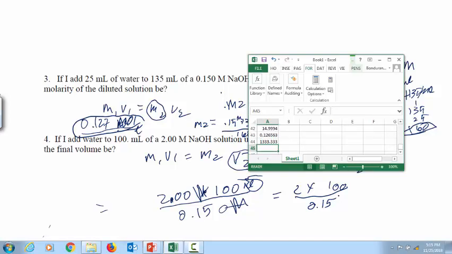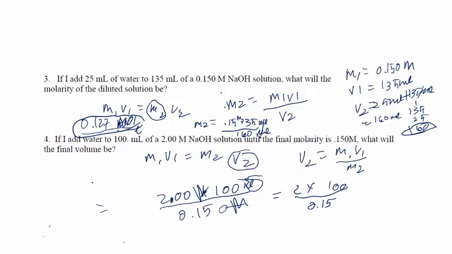And that is a big number. It's 1.3 liters, 1.33 liters is what my total volume will be. And that's up to basically week 8, so stay tuned for the next installment.